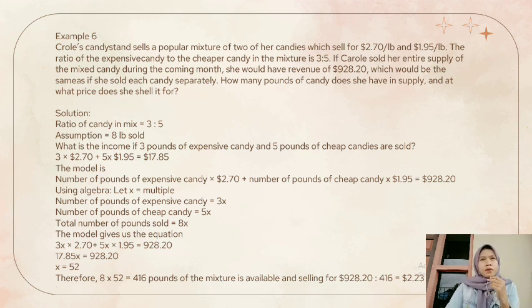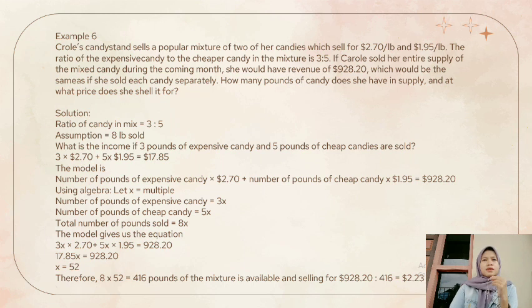Because the ratio of candy in the mix equals 3 to 5, assume 8 pounds sold. What is the income if 3 pounds of expensive candy and 5 pounds of cheap candy are sold? Obviously, the answer to this question is 3 times $2.70 plus 5 times $1.95 equals $17.85.